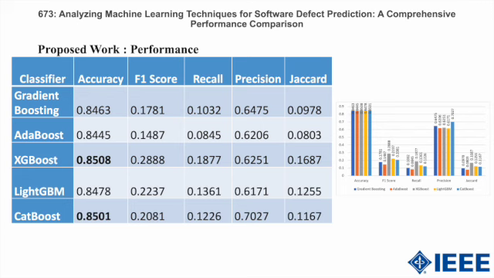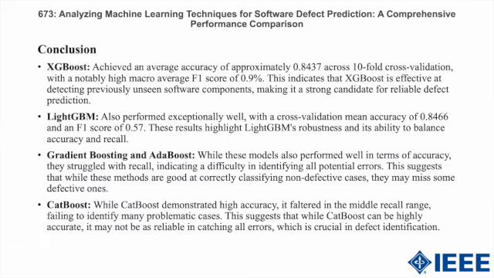So finally, the conclusion of this work is that XGBoost achieved an accuracy of approximately 0.8437 across the tenfold cross validation, and LightGBM also performed well.